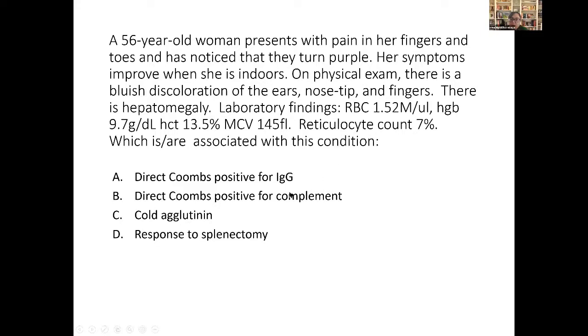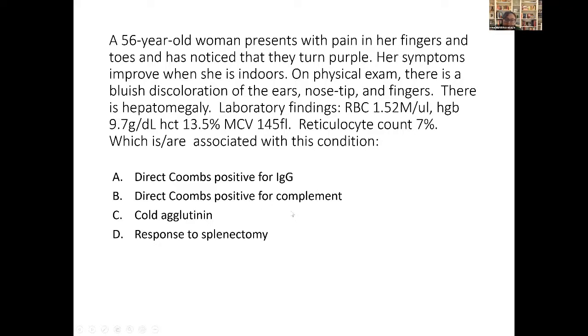IgM usually fixes complement in cold exposed areas. Once the red cell moves centrally, it dissociates from the surface of the red cell, and it leaves complement on the surface. So the correct answer here is B.